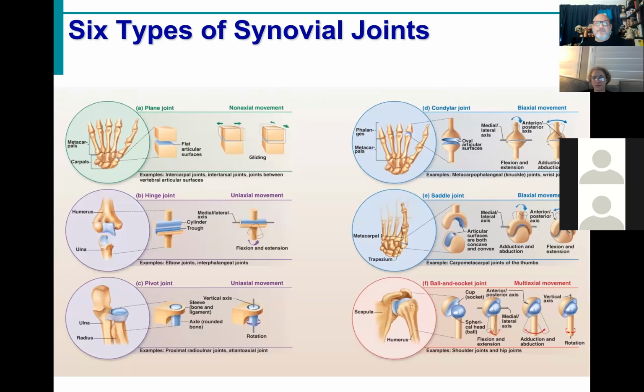All right, excellent. Then what we are going to talk about next are the 6 specific types of synovial joints. Here we see the illustration, and as we mentioned, these 6 specific types are going to be identified based on the shape of the articulating surfaces.